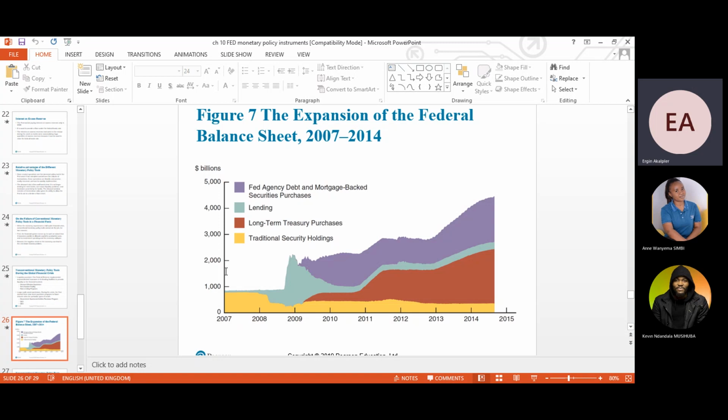The expansion of the Federal Reserve balance sheet is given here, where the central bank of America tried to reduce this crisis in 2008.